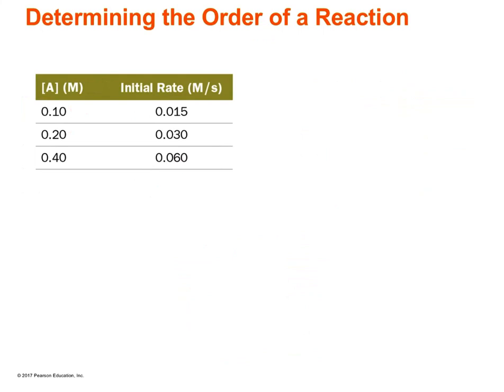Now there is another way to determine the order of a reaction. This is more mathematical, and this is really useful if you don't have a whole integer order, so if your order is maybe 0.5 or 0.75. But we're just going to use our example from the last slide.